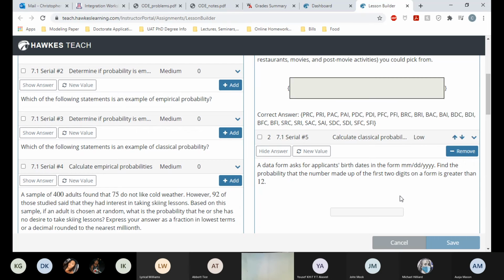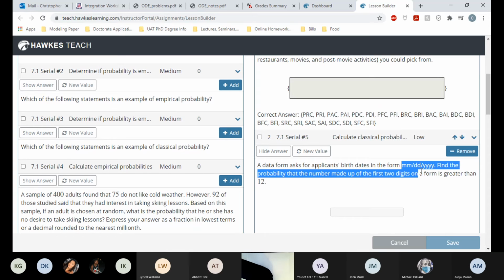It says a data form asks for applicants' birth dates in the form month, day, year. Find the probability that the number made up of the first 2 digits on the form, the month digits, is greater than 12. So the way you would do that is, if you're finding a probability, then you need 2 numbers, right?